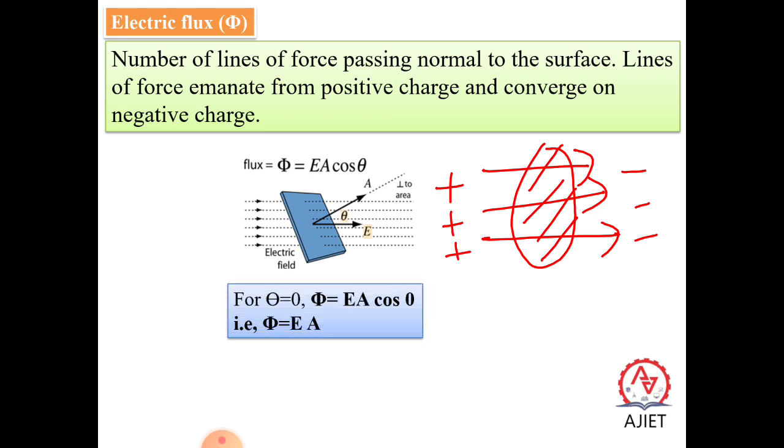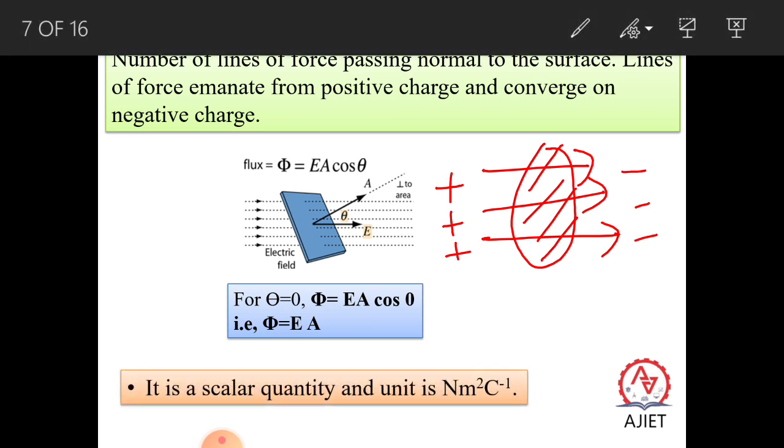So flux is generally given by phi is equal to EA cos theta. And what is this theta? If this is the normal drawn to the surface under consideration, the angle between the electric lines of force and the normal is taken as theta.